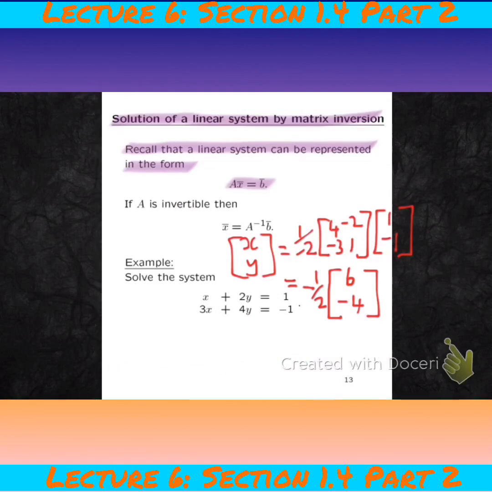Working that out, we get the column vector, and so x is minus 3 and y is plus 2. Okay, so that's a way of solving a linear system of two equations and two unknowns, because that gives you a 2 by 2 matrix, and then we can easily calculate the determinant and the inverse, provided the matrix can be inverted.